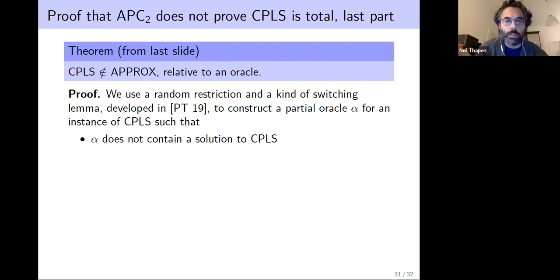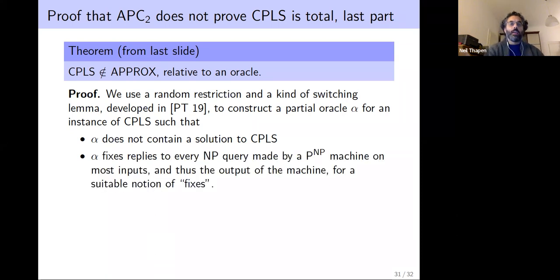Okay, so this is pretty much the last slide. We'll construct a random oracle, and we do it in a way that doesn't give a solution to CPLS, but then we use our switching lemma to show that lots and lots of NP queries, which are something like a k-DNF, get their answers fixed for a suitable notion of fixed.